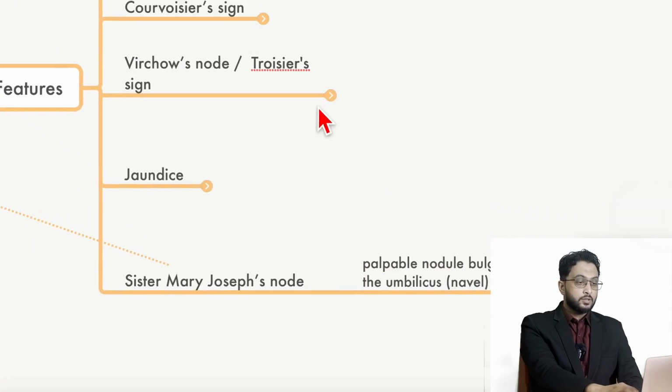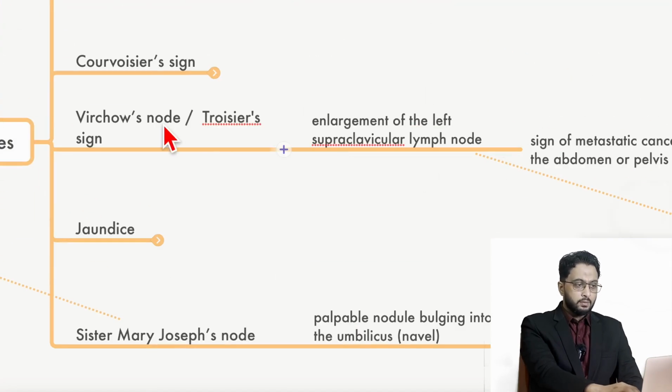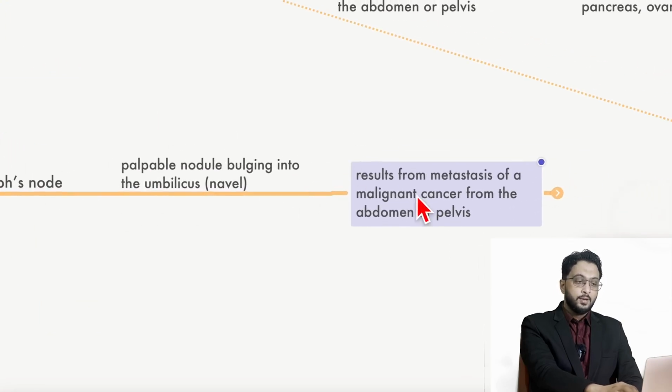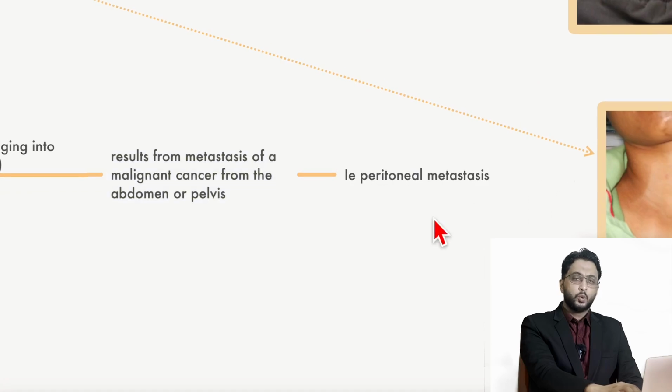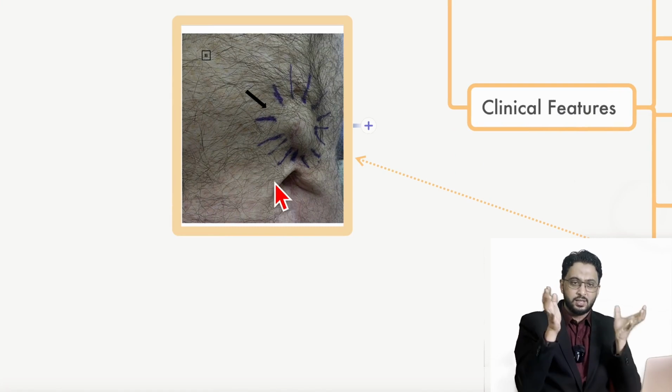Just to note, again, you have supraclavicular for abdomen and pelvis, that is Virchow's node. But the Sister Mary Joseph node is your umbilical region node, for the same reason, and it is more towards peritoneal metastasis. Peritoneum is the lining cavity which encloses all your internal structures, including the liver and pancreas, everything.